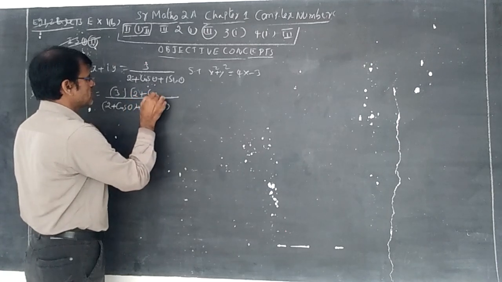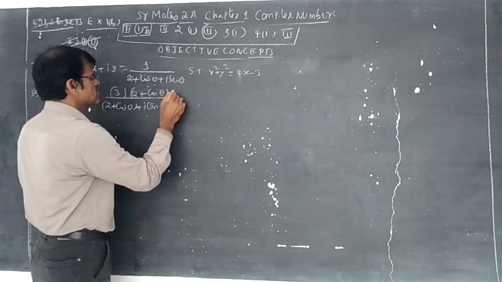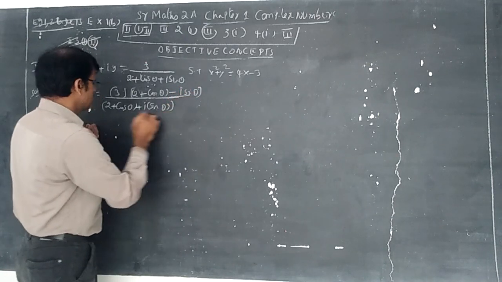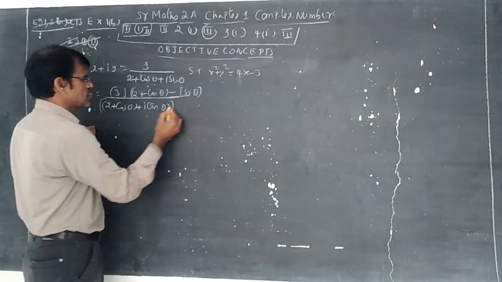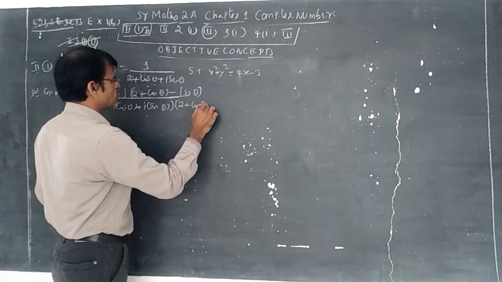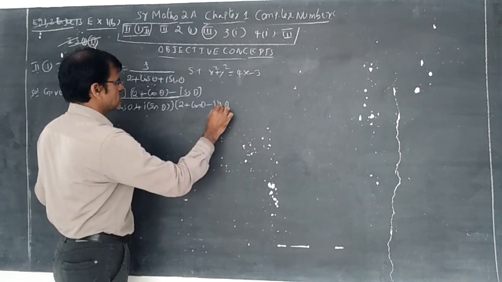Now multiply with the conjugate complex number, 2 plus cos theta minus i sin theta, in the numerator and here also you write 2 plus cos theta minus i sin theta.